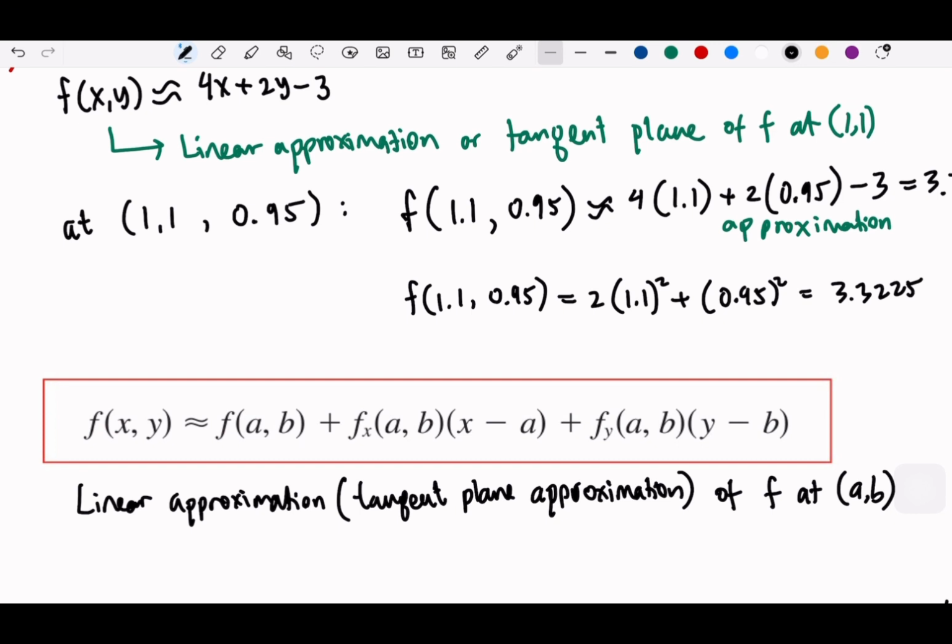Or maybe the question would start from (x, y), maybe 1.1 and 0.something. It means that we need to find a number that is easy to compute nearby that decimal, which may give you the idea, oh, maybe we can take 1 and 0. So at this (1, 0), we can easily compute the tangent plane, and then we can just add the (x, y).